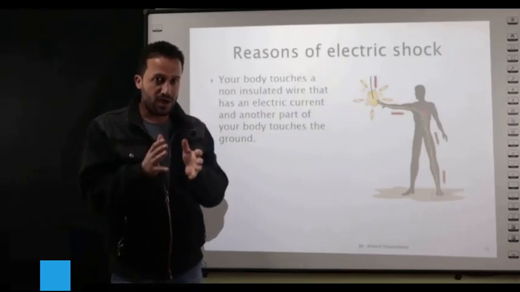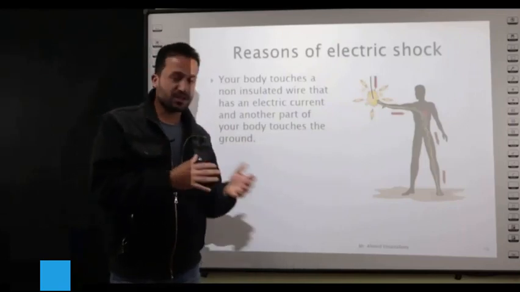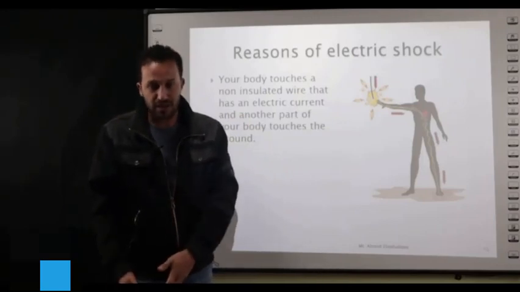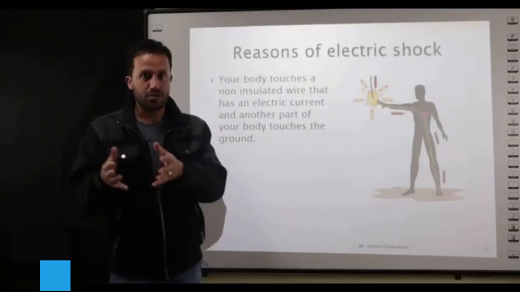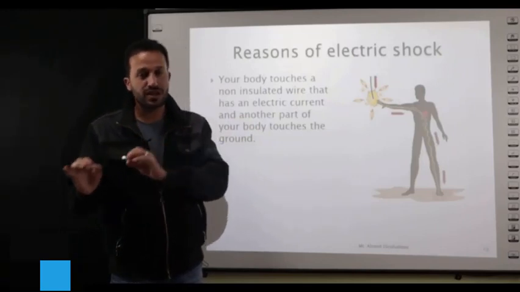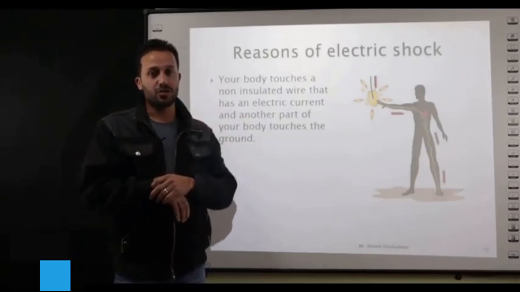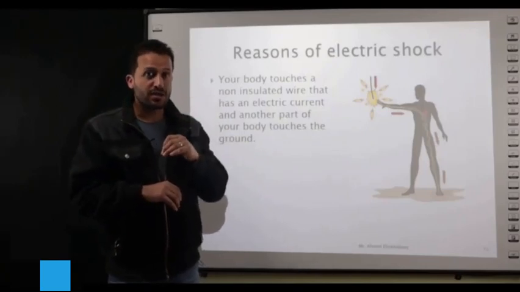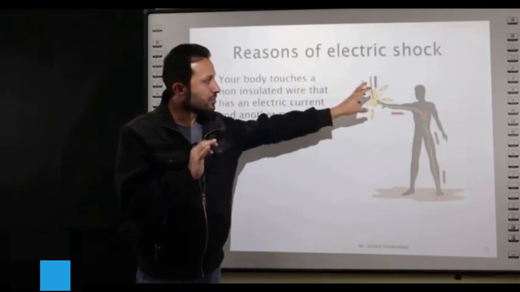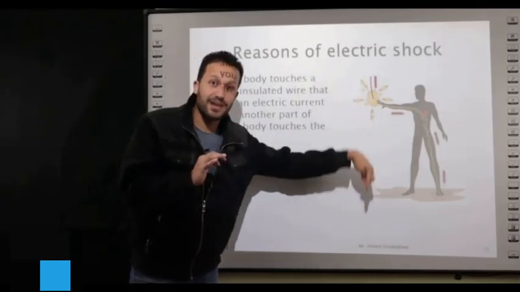So if you are standing on a plastic chair, or you are wearing plastic shoes or whatever, the electric energy will not pass to the ground and you will not have electric shock. To have electric shock, the electric energy must pass through a part of your body to the ground.